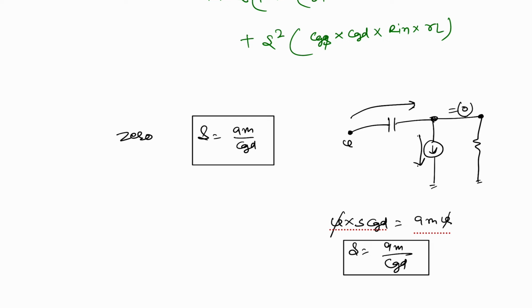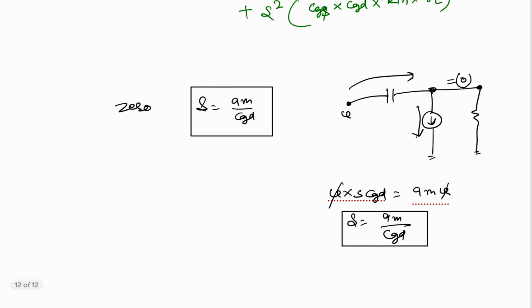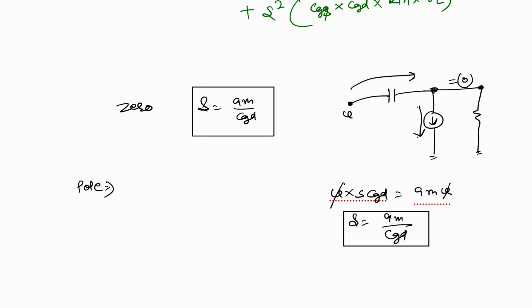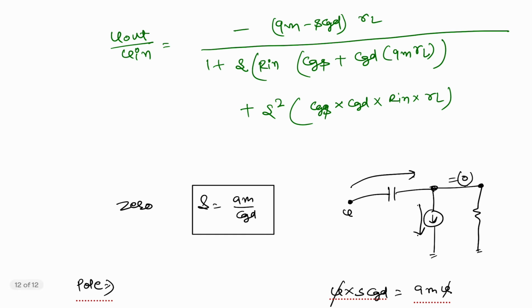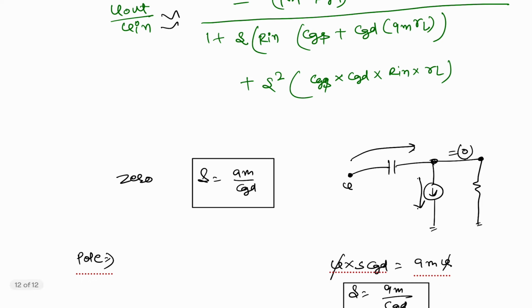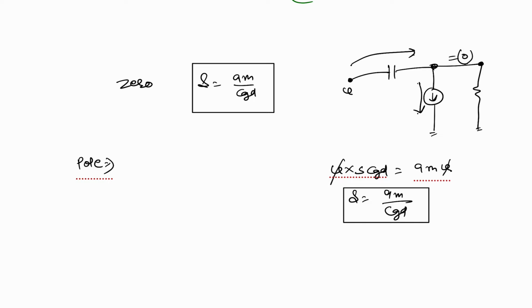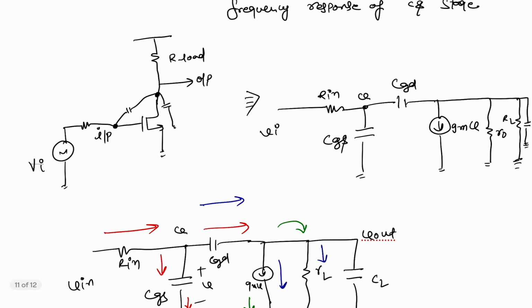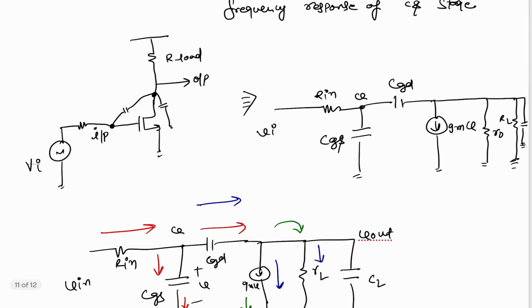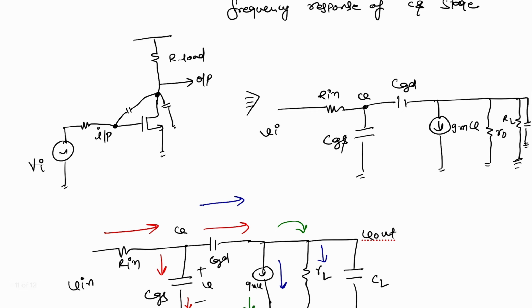So this is the zero frequency, and from here I can find the pole frequency. This is an approximate expression. The pole frequency comes from the energy storing elements. There are three of them: this one, this one, and the load cap.